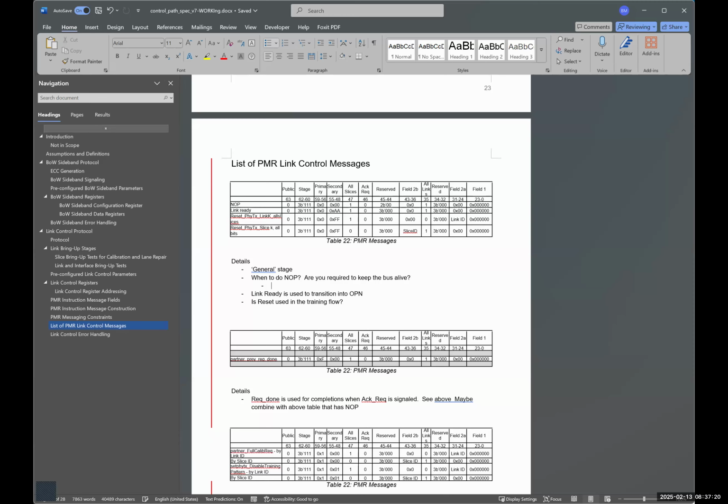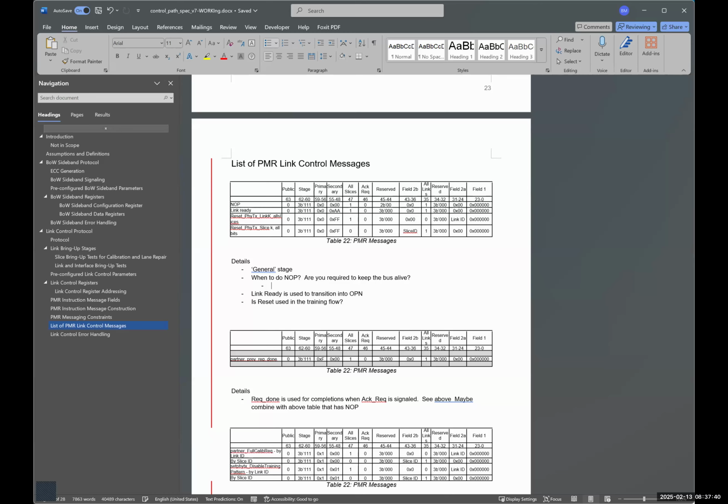It looks like it is not. The state is general, which is 111. So I'm not sure how or if there is a need for an NOP, or if there is a different way we can indicate that there is something in the PMR that needs software attention.